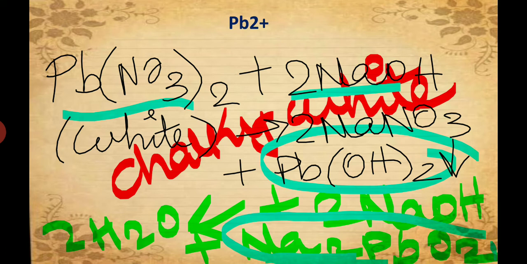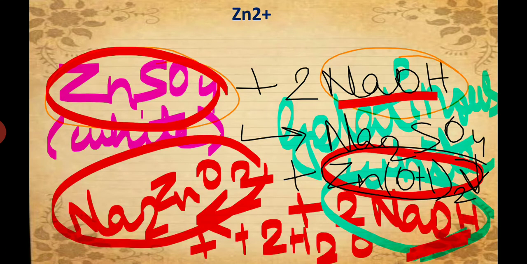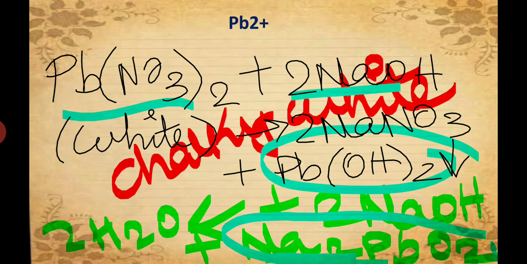Clear? So in this case, we have seen that only zinc hydroxide and lead hydroxide are totally soluble in excess NaOH. But magnesium, ferrous, ferric and copper hydroxide all remain insoluble in excess NaOH.